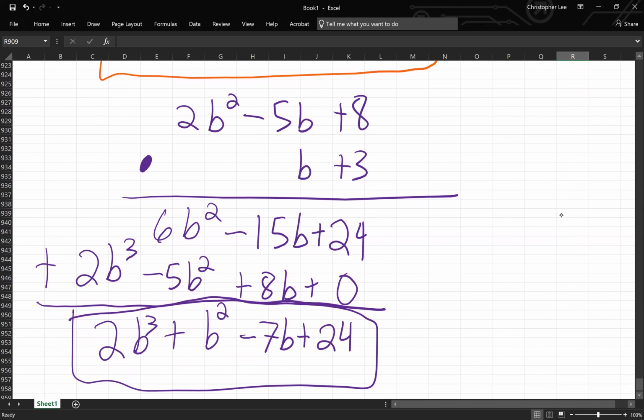Yeah, just b squared. That's it. 6 minus 5 is 1. So that's the vertical method. I don't care what you use. Pick one, fall in love with it, bring it to the test. All right.